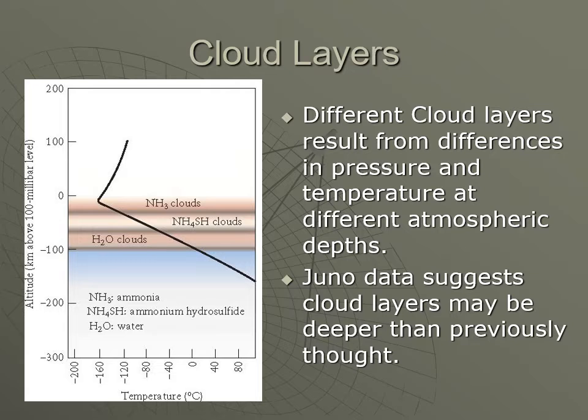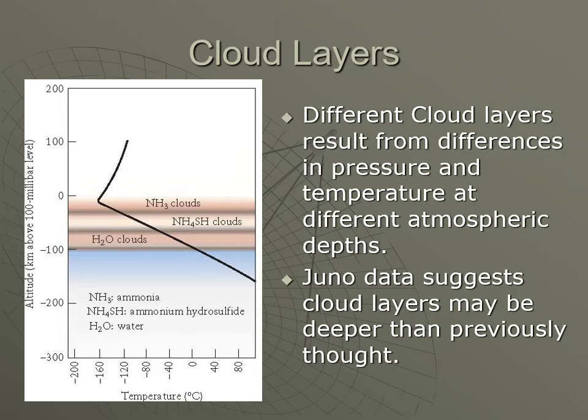So the higher you go, the lower the pressure, and the temperature is going to be different. So typically the higher you go, the temperature is going to drop. So at some point, the temperature and pressure are just right to allow clouds to form.